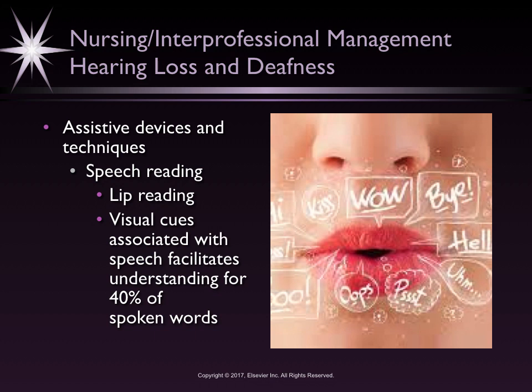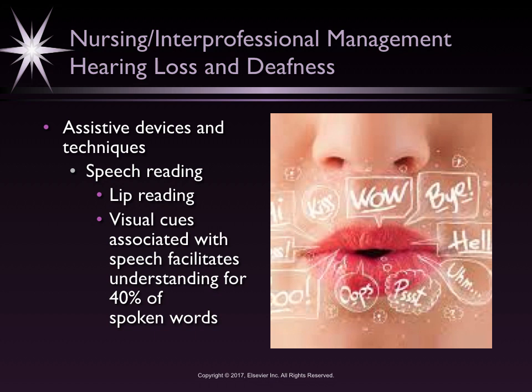Other assistive devices include speech reading, which is lip reading, where the person looks at visual cues associated with speech, and it facilitates an understanding for about 40% of spoken words. It was really interesting to see the difference in the shape of the mouth between different vowels.